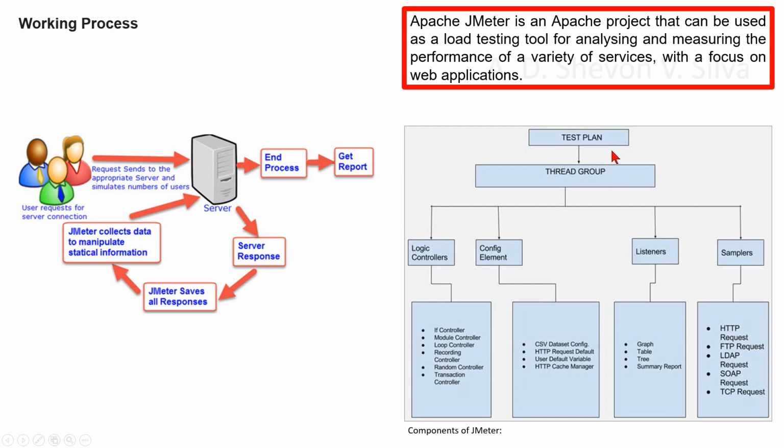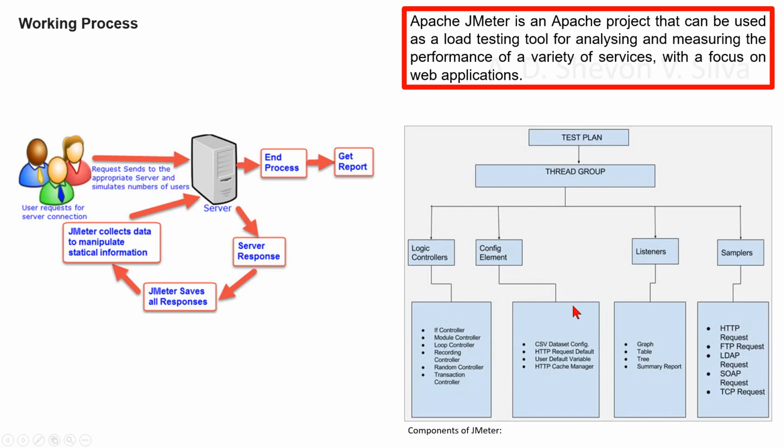Here you can see a test plan is connected to a thread group. The thread group is connected to logic controllers, config elements, listeners, and samplers. Logic controller interacts with the if controller, module controller, loop controller, recording controller, random controller, transaction controller.